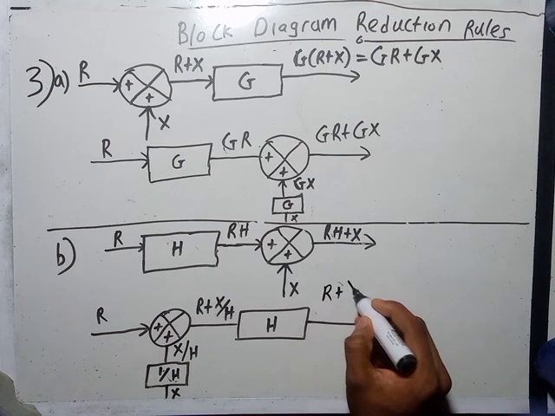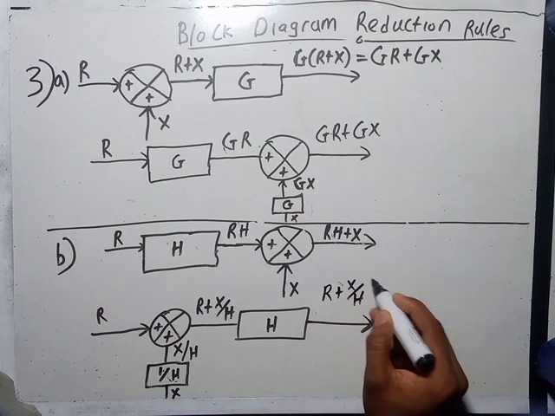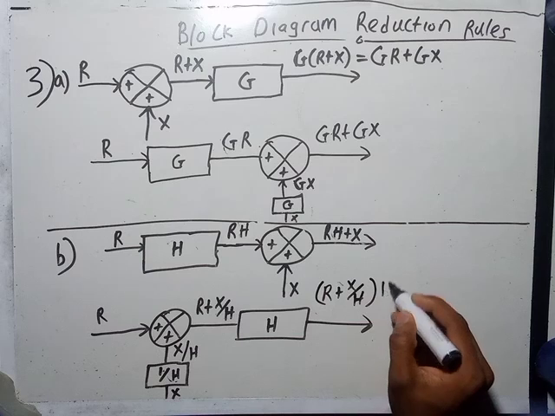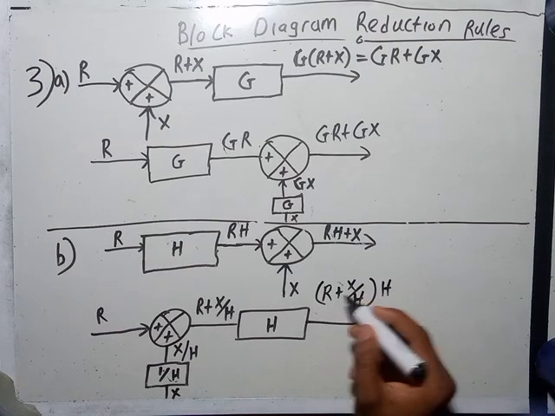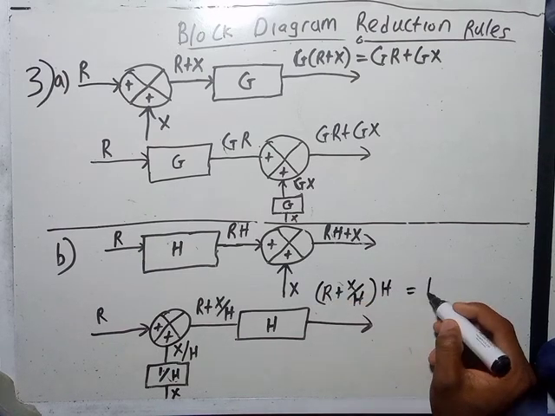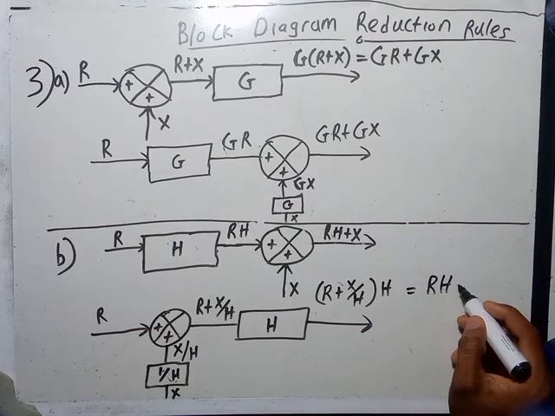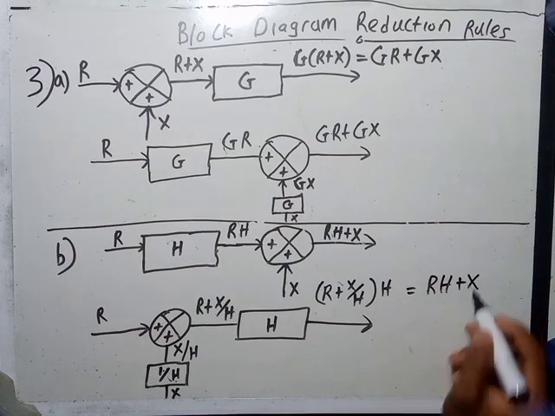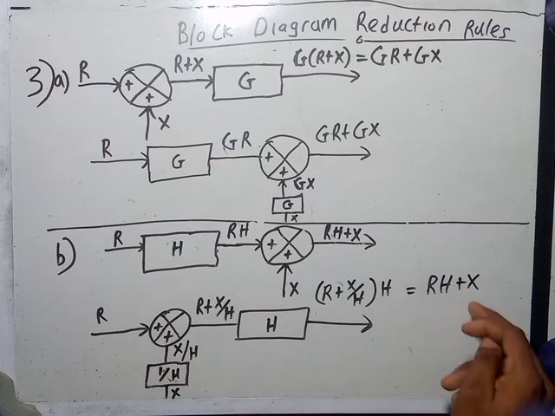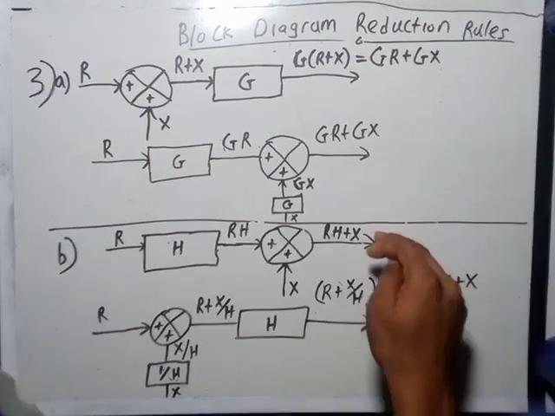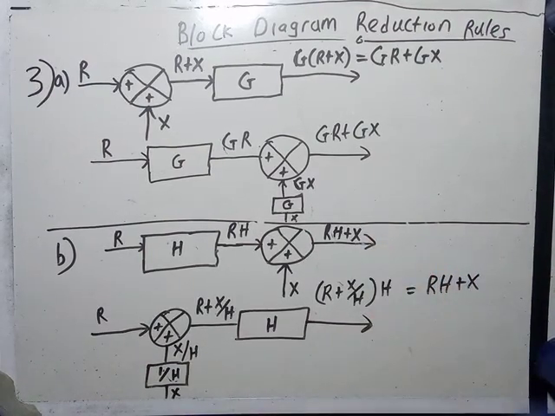R plus X over H multiplied by H. H multiplied by this is RH. H multiplied by this is just X. So you can see that your two attributes are the same.